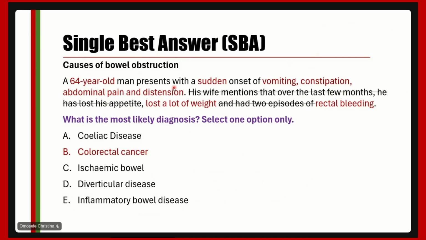So you may have a lot. His wife mentions that this has happened in the past and it relieved suddenly on its own. He did A, B, and C, and now symptoms have remained constant for the last 2 days. Distractors. But to identify a 64-year-old man, age is important, because if this was a 24-year-old, there's a difference. If I say 24-year-old, sudden abdominal pain, vomiting, constipation, abdominal distension, in a 24-year-old I might be picking inflammatory bowel disease that has perforated.